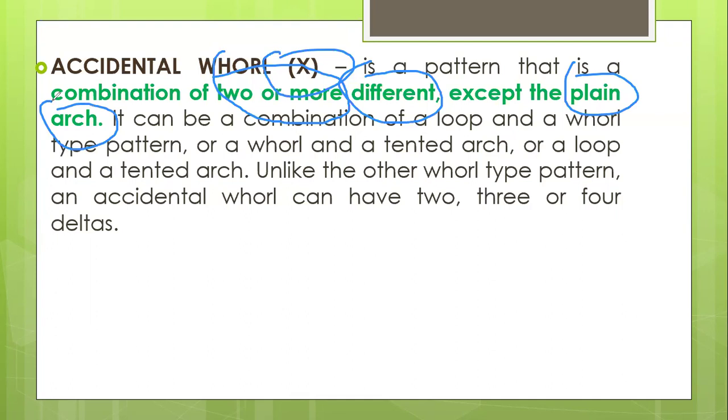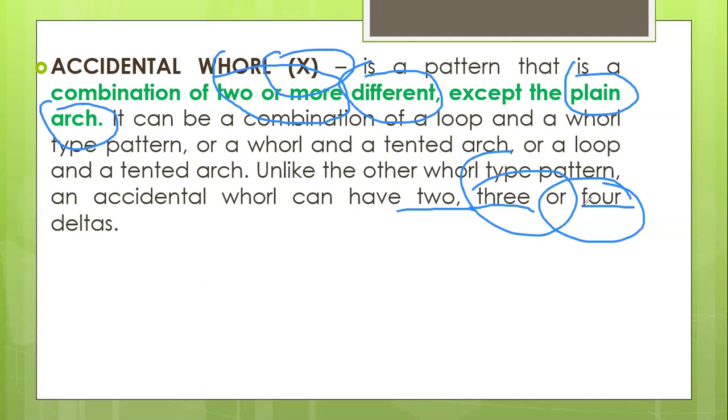Another distinct or unique characteristic of an accidental whorl is that it might have more than two deltas. So an accidental whorl can have 2, even 3 or 4 deltas.